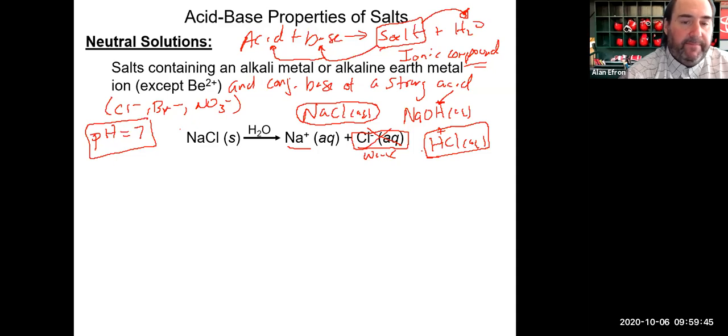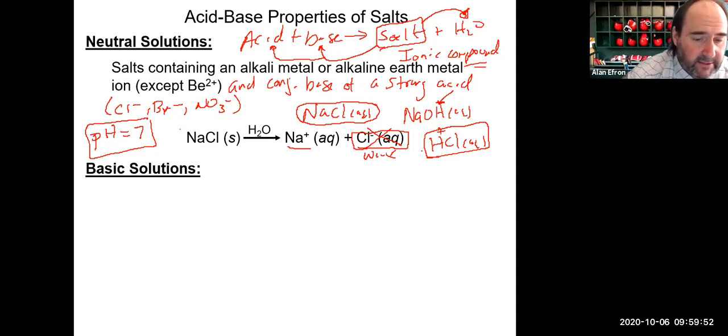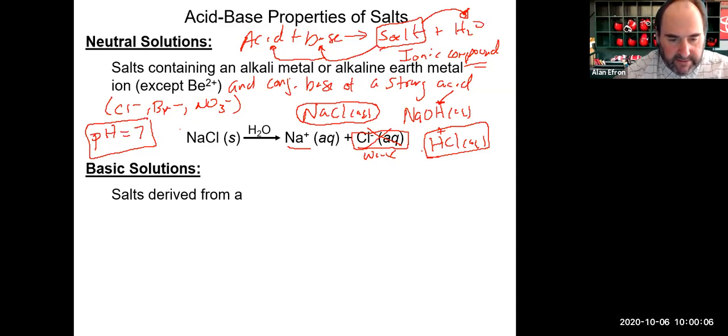All you have to do really is put a pH of 7, and that essentially is what the answer should be. Now, there are salts that are sometimes referred to as basic salts. These are salts that are derived from a strong base and a weak acid.